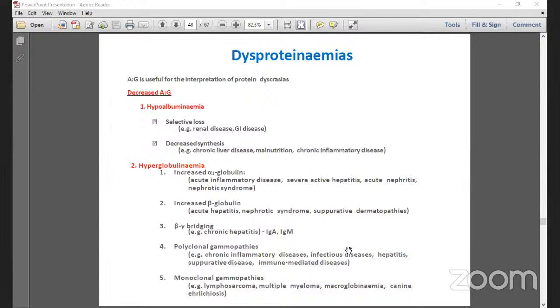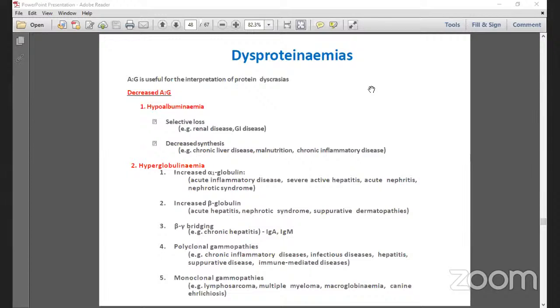When we talk about a low or decreased A to G ratio, it is always related to low albumin and high globulin. So low albumin in the blood circulation, how does it occur? The first is loss of protein or albumin due to disease of the kidney, protein-losing nephropathy.